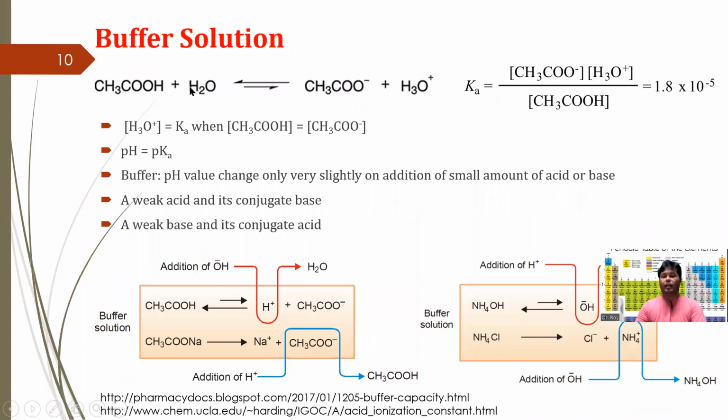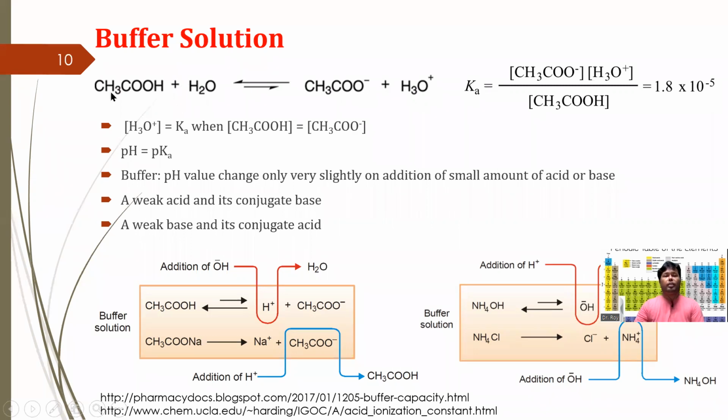That means water itself is not a very strong acid nor a strong base. The dissociation constant for water as an acid is 1.0 into 10 to the power minus 14, or as a base, that is also 1.0 into 10 to the power minus 14. That means for water as acid or base, the dissociation constant is very small.